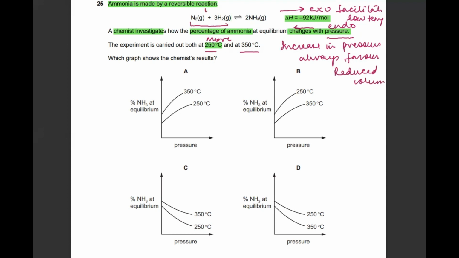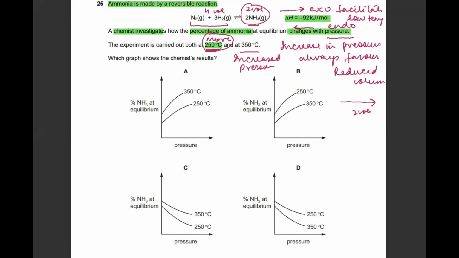We are getting 4 volumes here: 1 plus 3 makes 4 volumes of gases, and on the other side we have 2 volumes. So when we increase the pressure, it is definitely going to favor the reduced volume. That means the more you increase the pressure, the more this reaction will go forward, because in the forward direction you have 2 volumes here. So we have two things here: the forward reaction is going to be facilitated at 250 and at increased pressure. So keeping that in mind, let's look at the particular options.